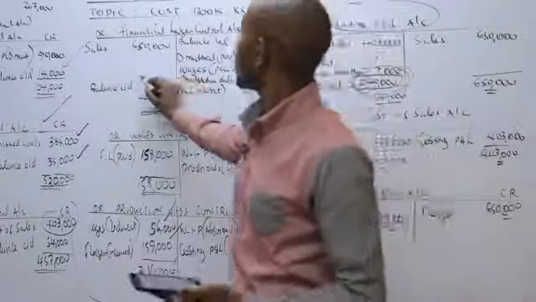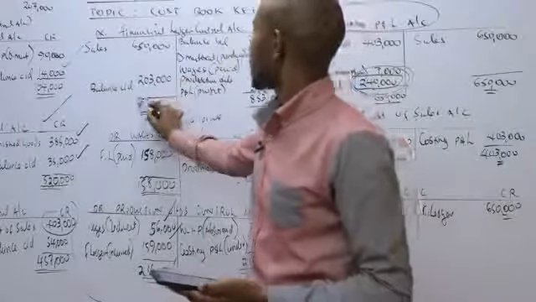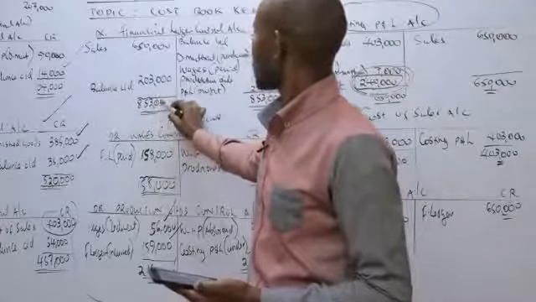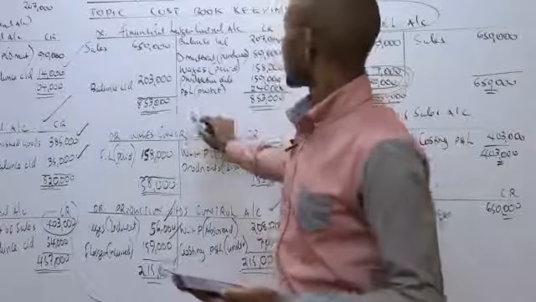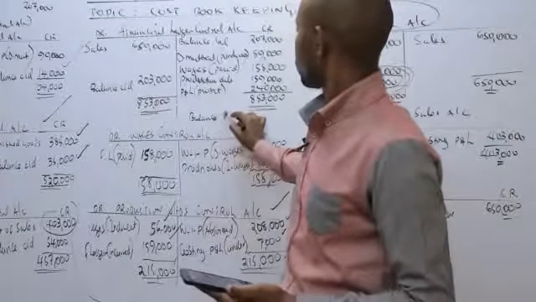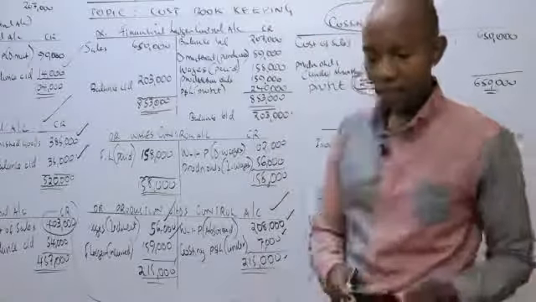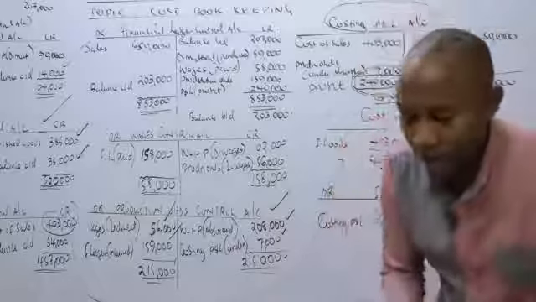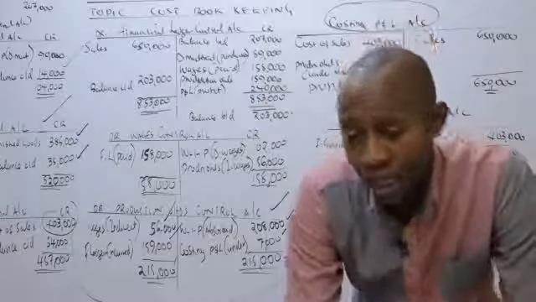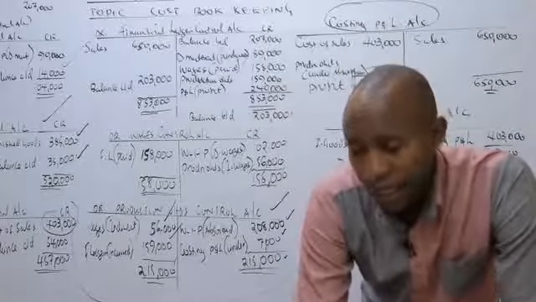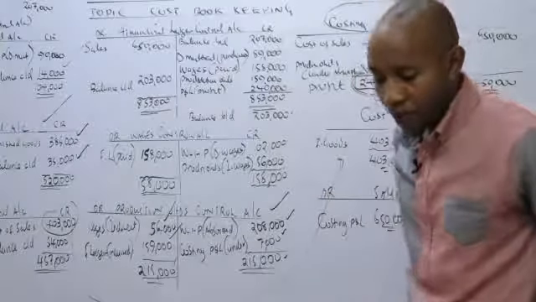Okay, this is 203,000. So that it closes with 853,000. So we have a balance brought down of 203,000. So I want to know if there is any question. Any question on how we write any of these accounts as we come to a close?